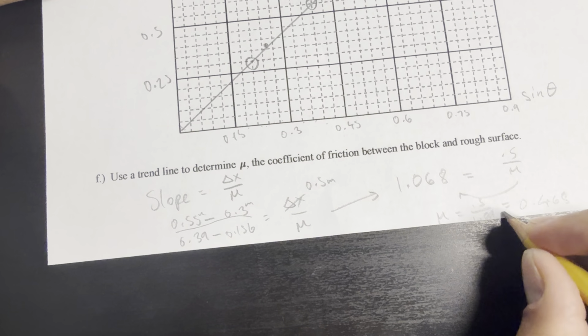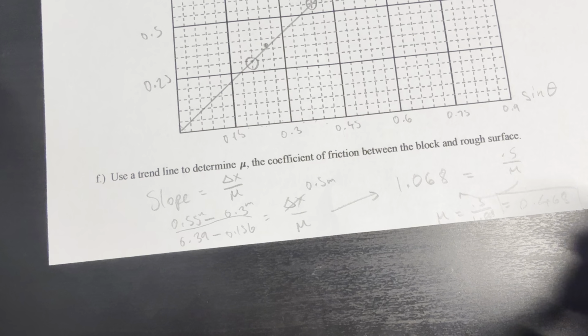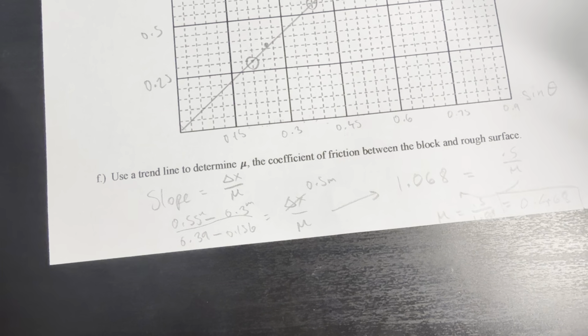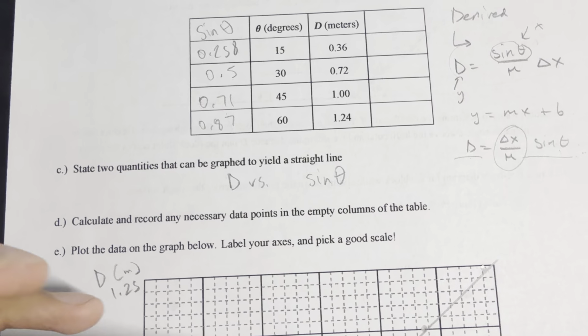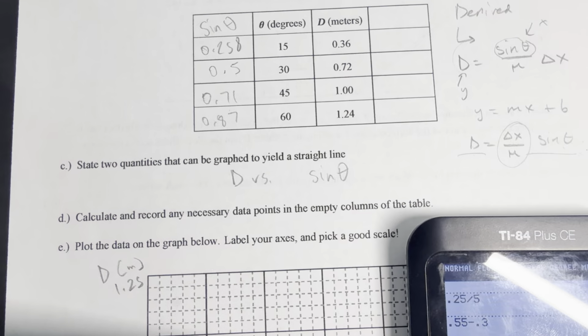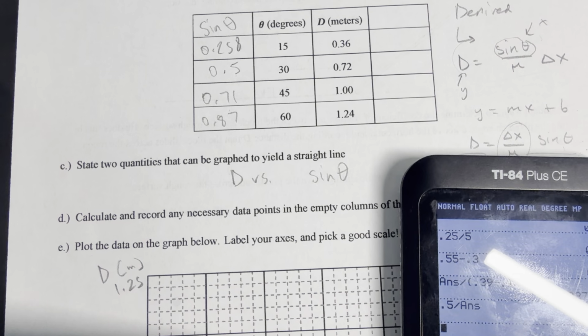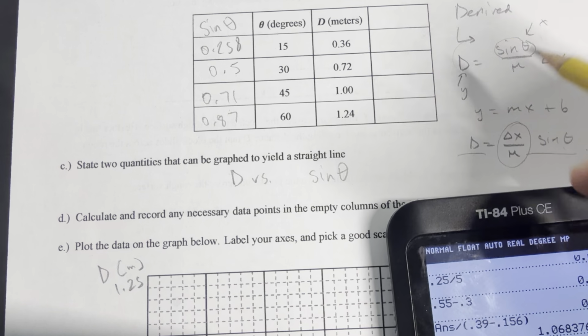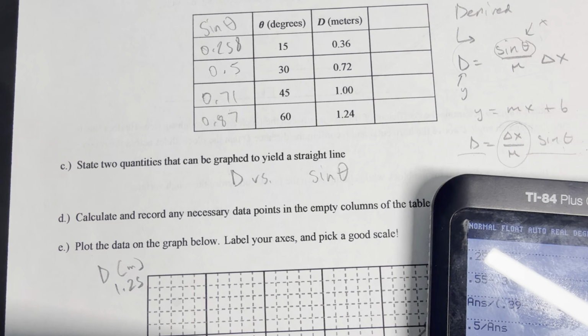The actual correct answer was 0.35, so I'm pretty off, but hopefully you can test this, right? You can say, hey, I know this is my equation, the equation it's supposed to be, assuming I did it right.